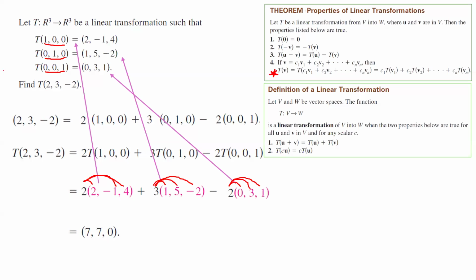So this linear transformation takes this vector, which is a linear combination of these vectors, and gives you this output value. So the image of (2, 3, -2) is (7, 7, 0), or (2, 3, -2) is the inverse image, or pre-image, of (7, 7, 0).